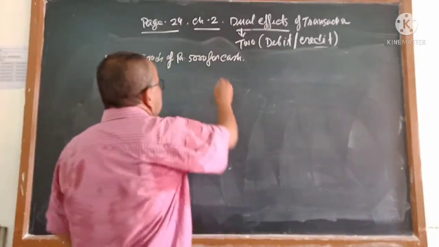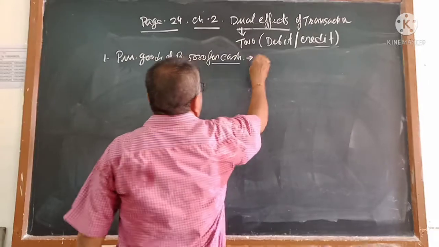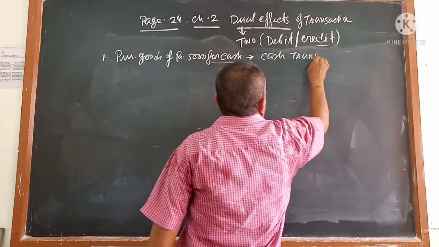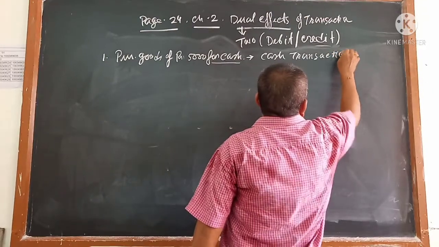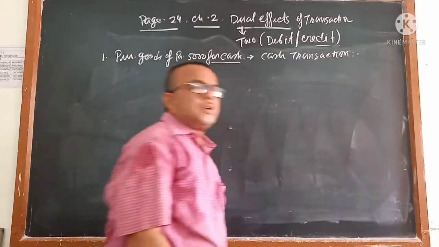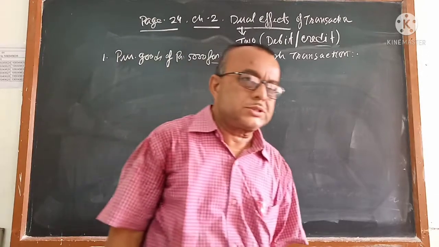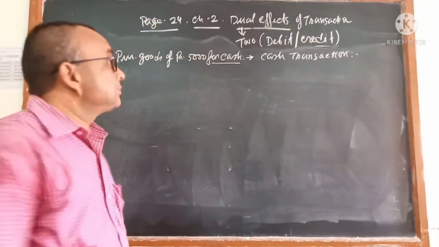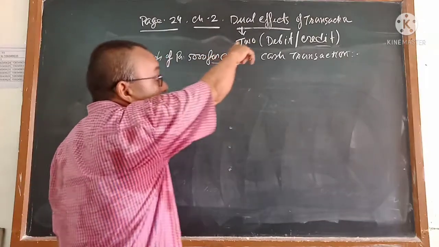Since for cash is given, obviously it is a cash transaction. So your first work is over. Follow the first step. The next step is there: you have to find out the two effects. That is today's video.